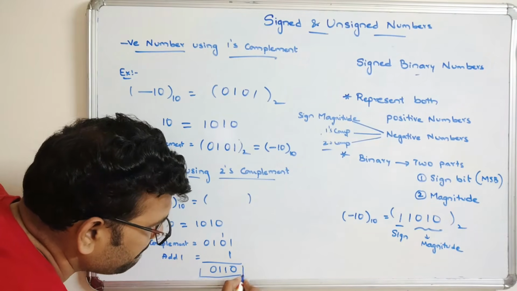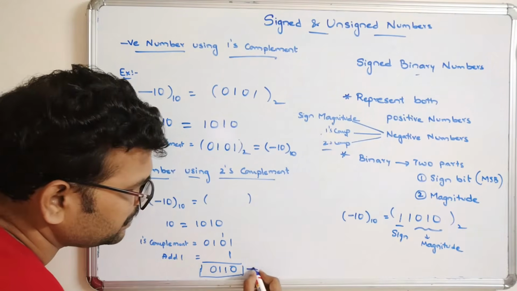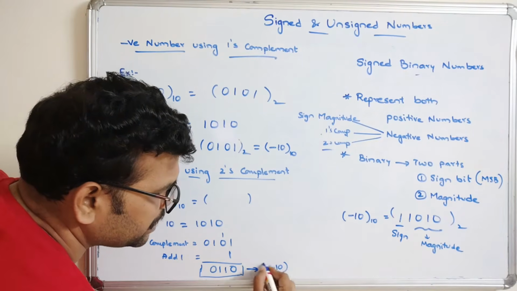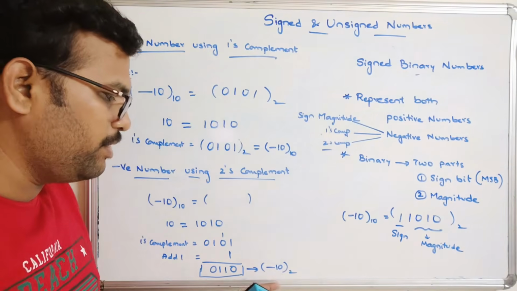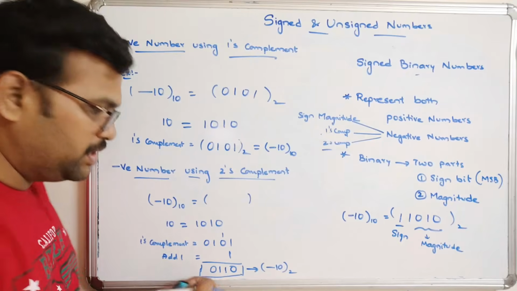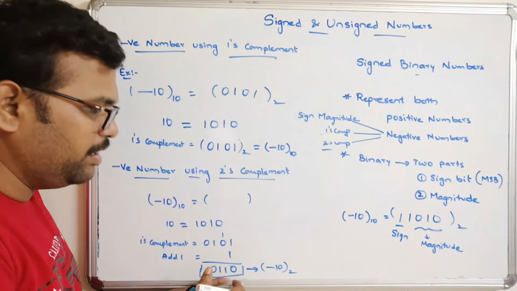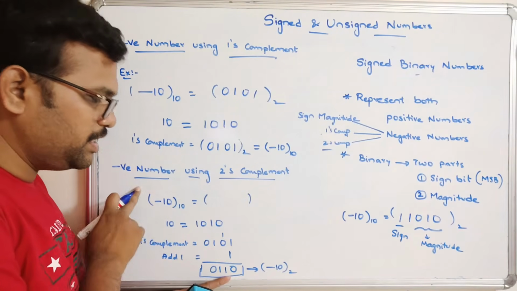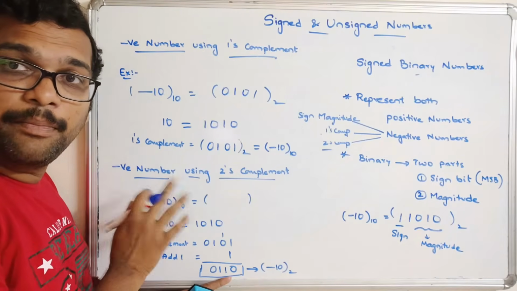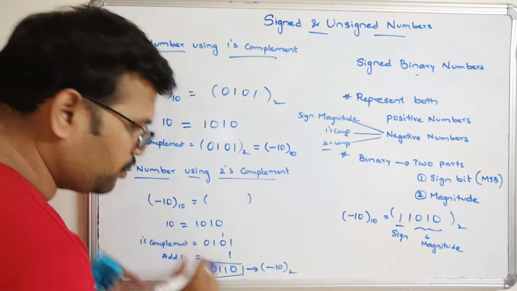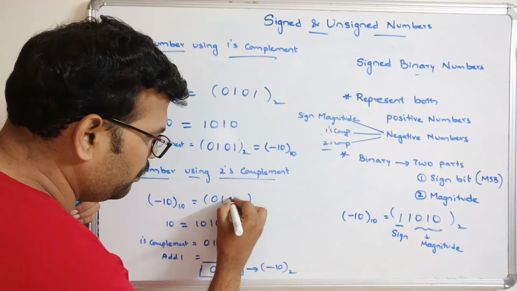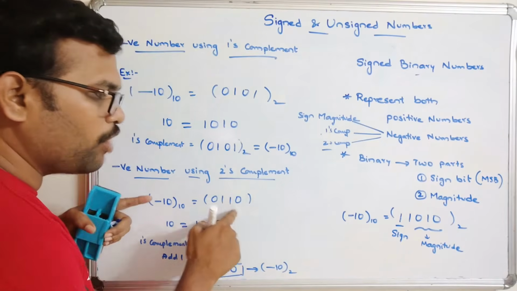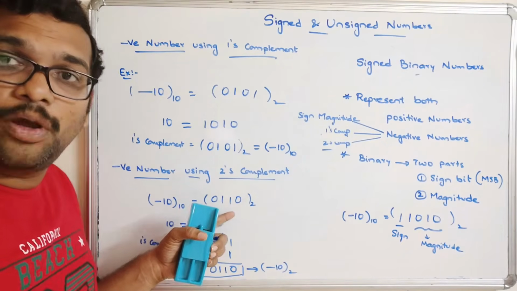This will be the 2's complement. That means the binary representation of minus 10 is 0 1 1 0. This is in 2's complement form.